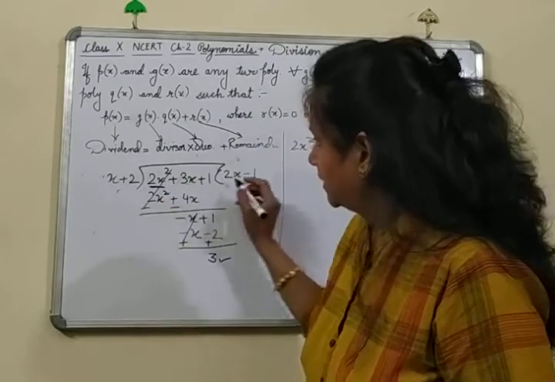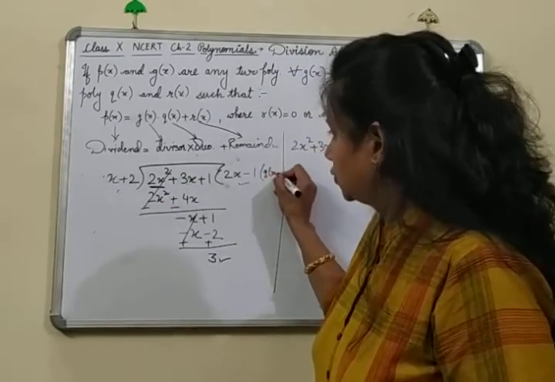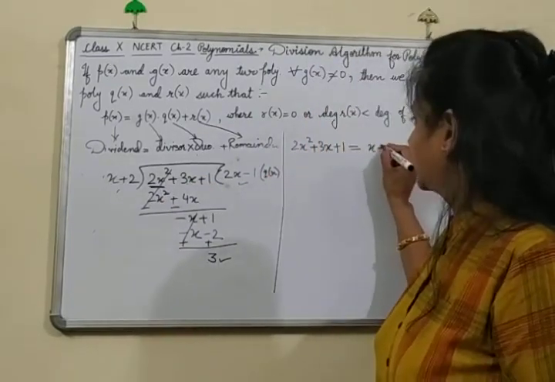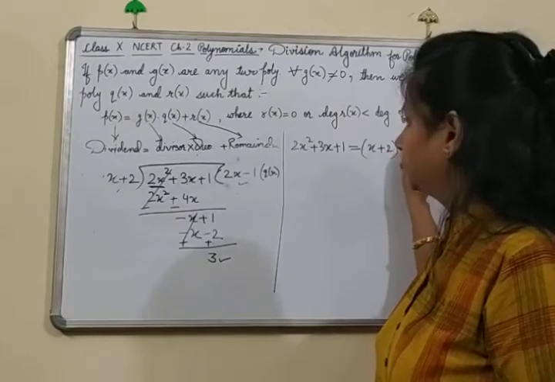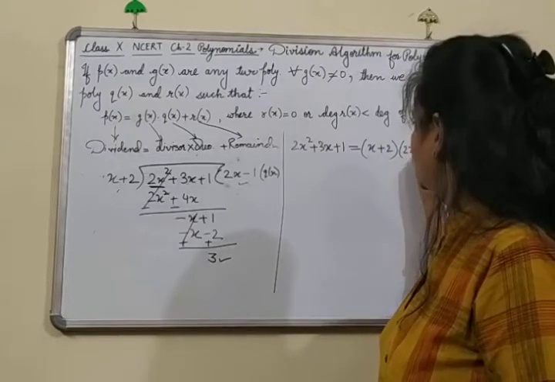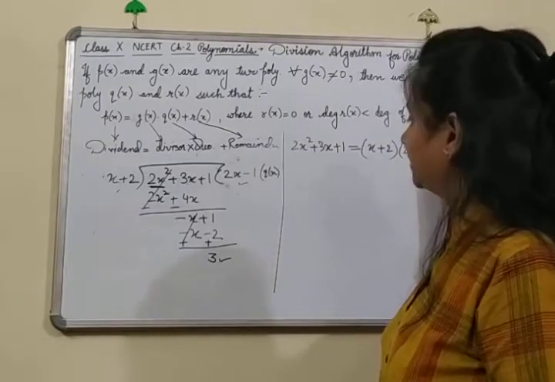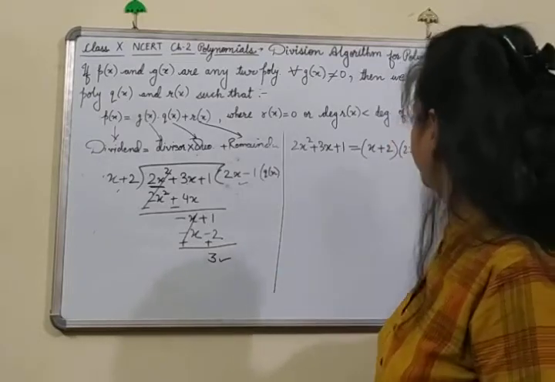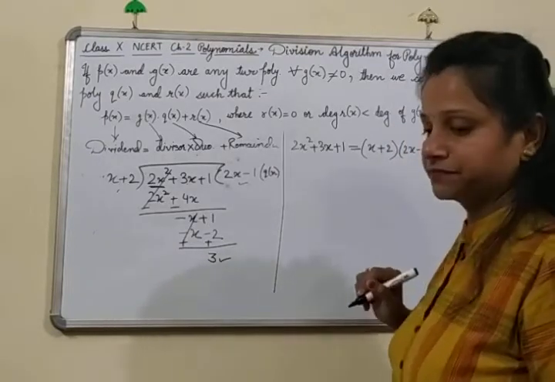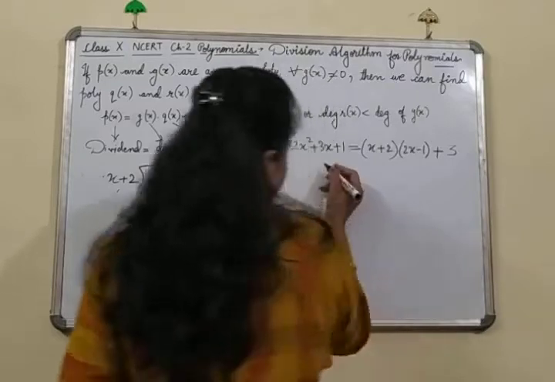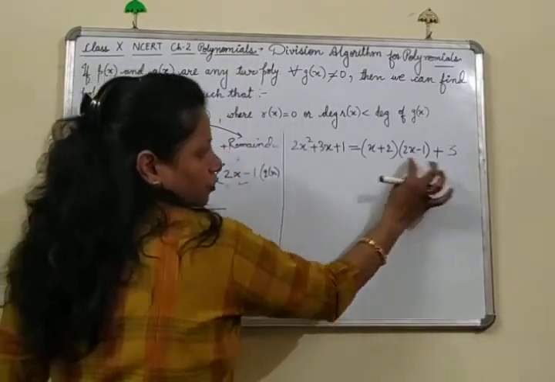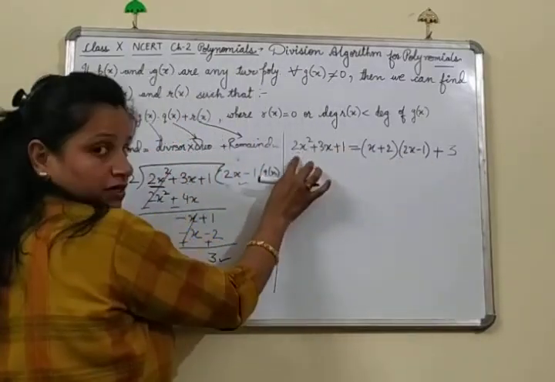This is g(x) and this is q(x). Let us multiply x plus 2 by 2x minus 1 and then plus the remainder. Remainder is 3. Right? Then this is the p(x). We have to solve this and it should come equal to this p(x).